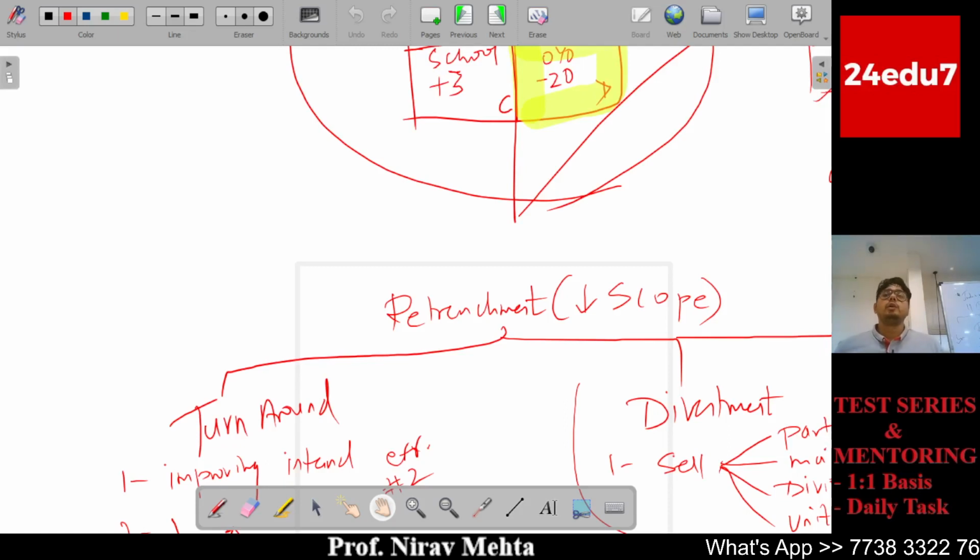Cannot cope with competition. Technology upgradation required but no money, correct? And a better alternative is available for investment.